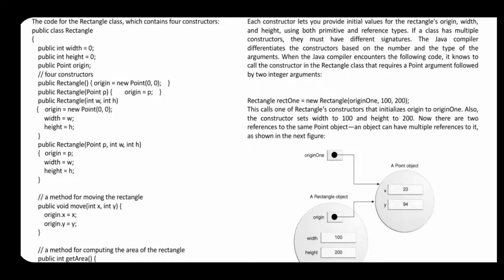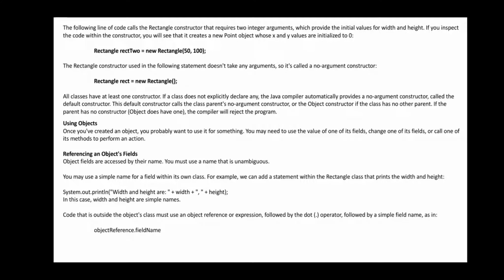Width and height are defined with 0, 0. When you define rectangle int w and int h, at that time the 50 will be stored within the width and the 100 will be stored within the height according to the given statement.